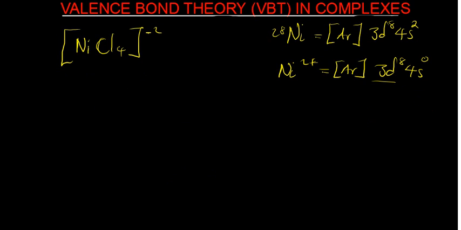So in our nickel, the first one we have is the 3d. Now d has got 5 suborbitals: 1, 2, 3, 4, 5.